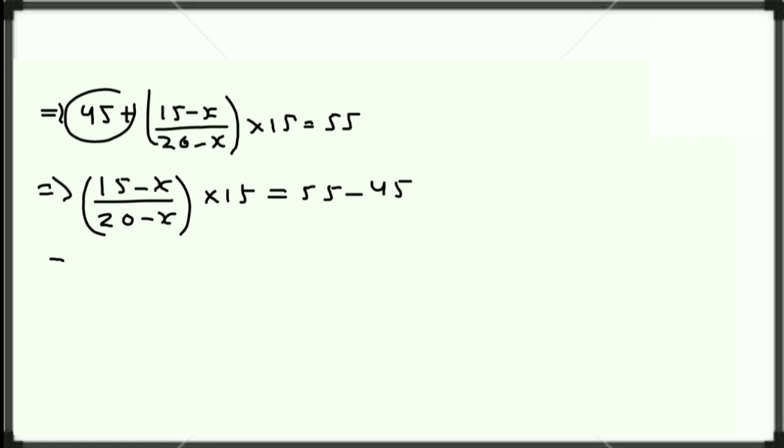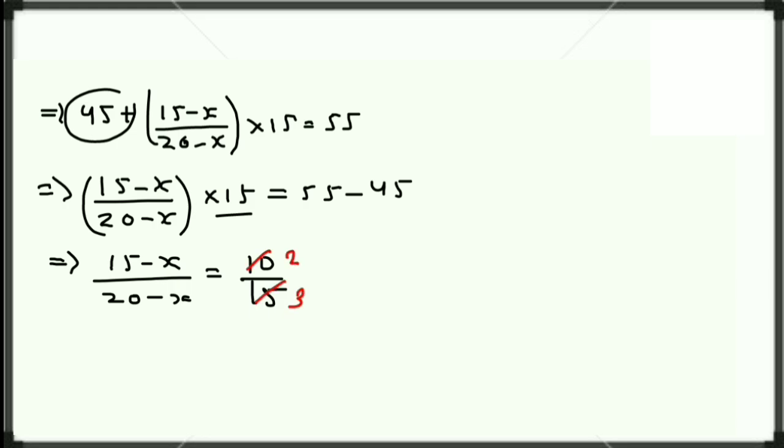Now 15 minus x by 20 minus x equal to, and after subtracting 45 from 55 we obtain 10 by 15, and this 15 goes to RHS over here. Now 5 twos are 10, 5 threes are 15.